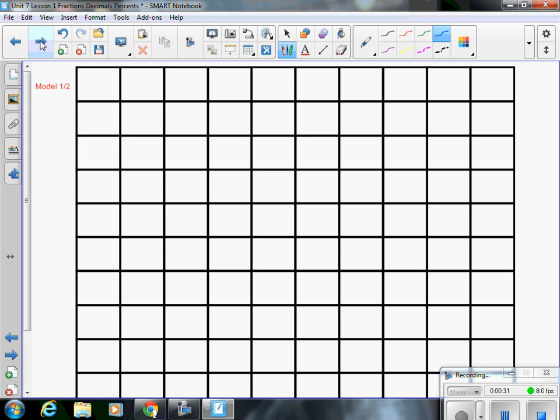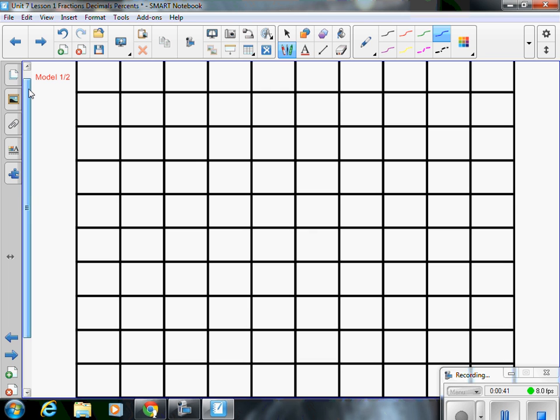All right, so I have a grid here. This is a hundreds grid, so it holds 100 squares. It's telling me to model 1/2 on here. So 1/2 of 100 would be 50. So I'm going to shade in 50 squares.